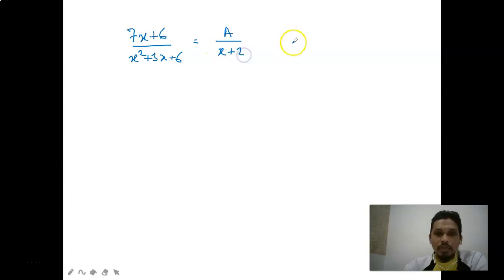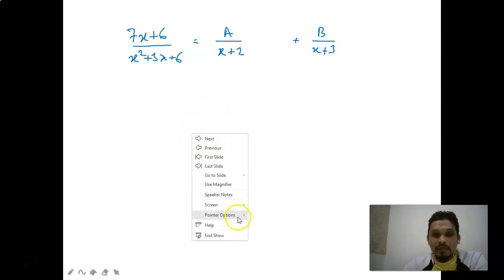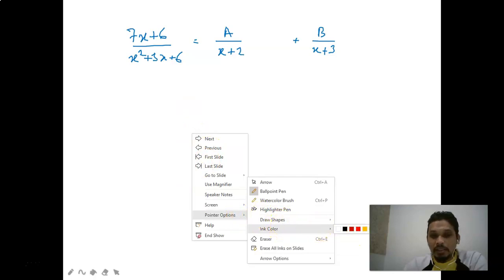So then, 7x plus 6 divided by x squared plus 5x plus 6 equal to A divided by x plus 2 and B divided by x plus 3. Okay, so I'm going to use a different color ink here.